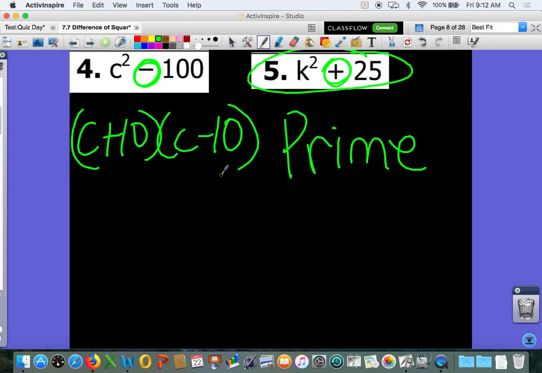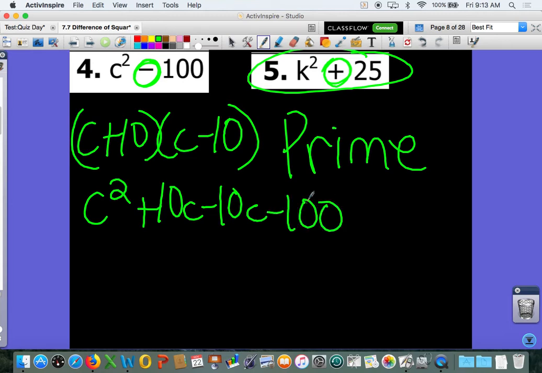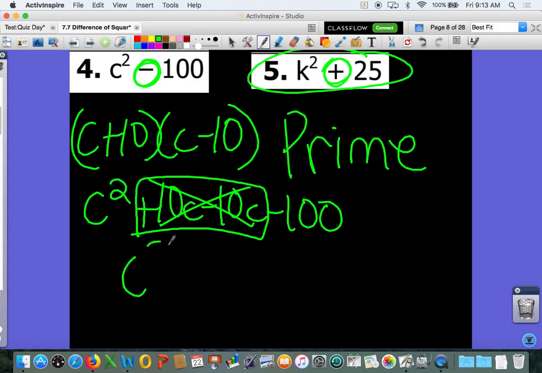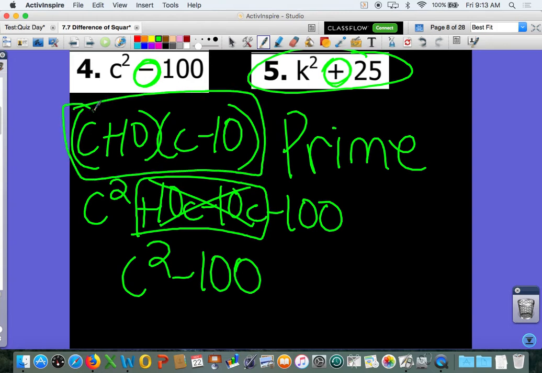When I distribute those out and FOIL those out, I get C squared plus 10C minus 10C minus 100. This middle cancels out, and I'm left with what I started with. That's the goal. You do not have to do this, guys, this is your answer. You're good right here. I am just explaining why this is prime and why it has no answer.